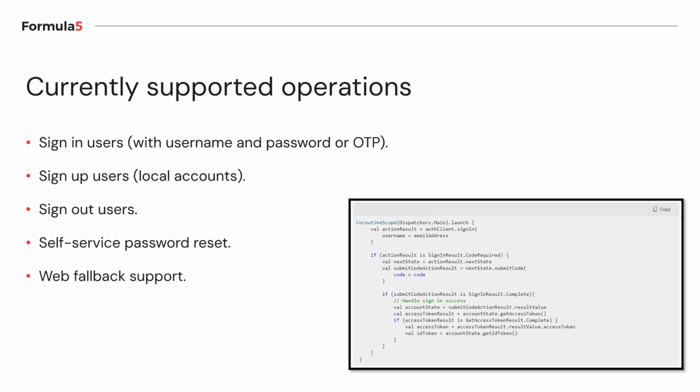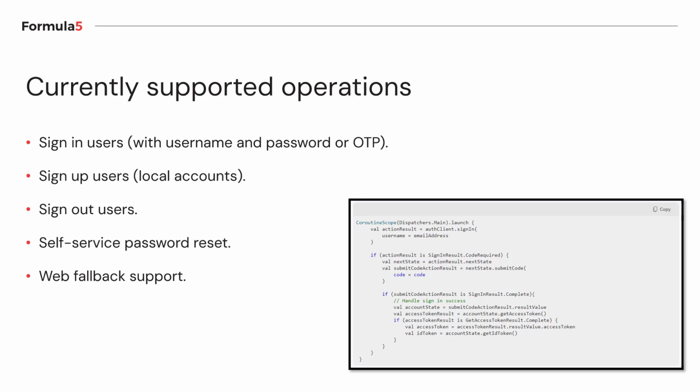Also, if there is any scenario or any reason where we cannot use the native authentication API, there is web fallback support. It means that if some operation requires redirection to the web browser and displaying the web browser on the mobile device, we can use this web fallback functionality.